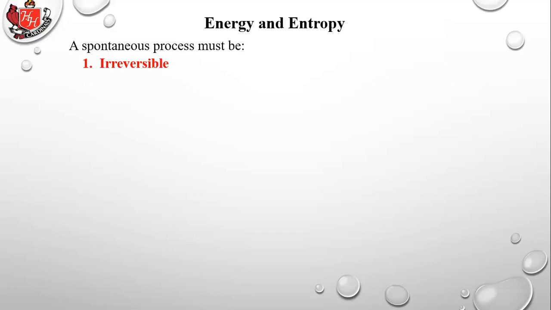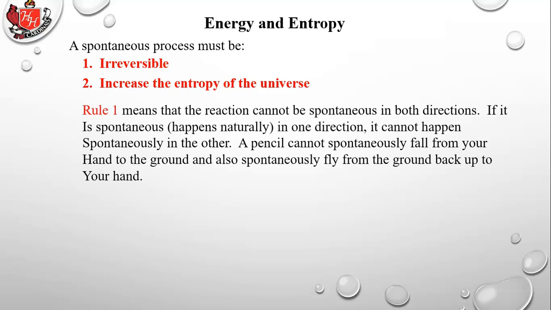A spontaneous process must be irreversible and increase the entropy of the universe. So Rule 1 means that the reaction cannot be spontaneous in both directions. If it is spontaneous, that is, happens naturally in one direction, it cannot happen spontaneously in the other. A pencil cannot spontaneously fall from your hand to the ground and also spontaneously fly from the ground back up to your hand.